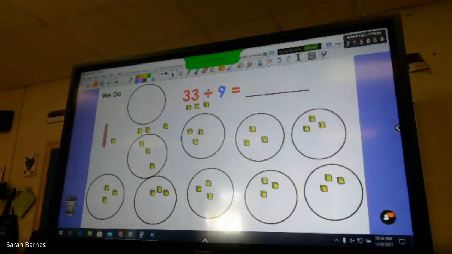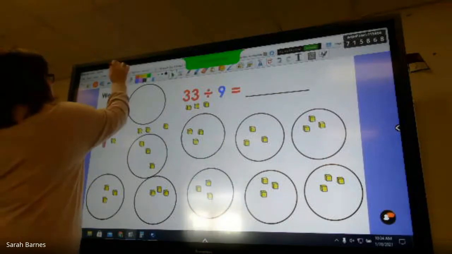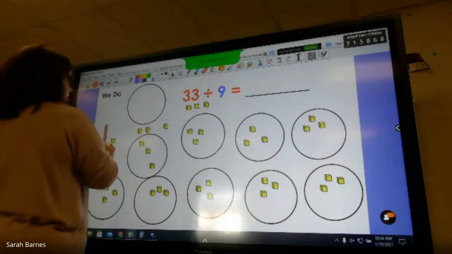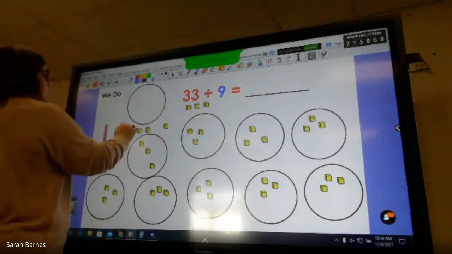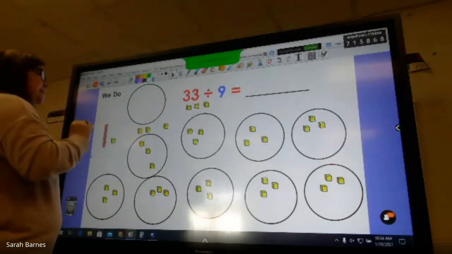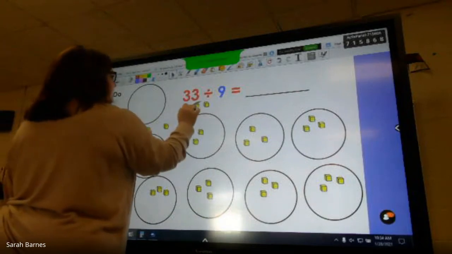Perfect. Okay, so now we need to count how many we have in each circle because they are shared equally. Can I share any of these ones right here equally through the 9 circles? Let's count how many ones I have. 1, 2, 3, 4, 5, 6.